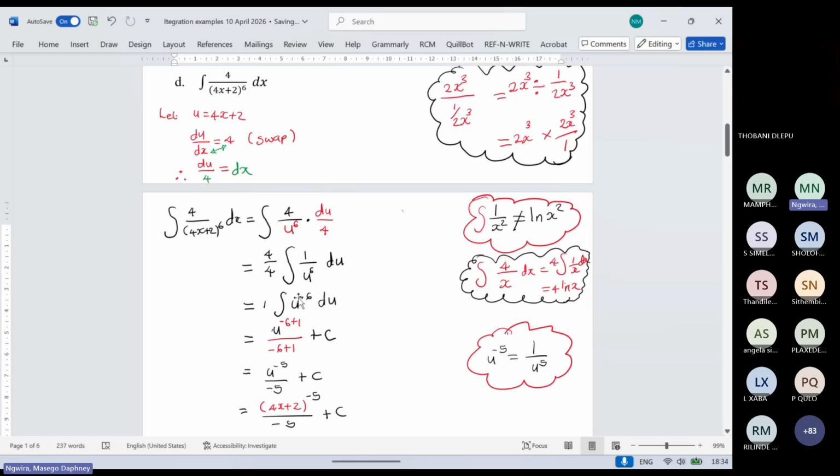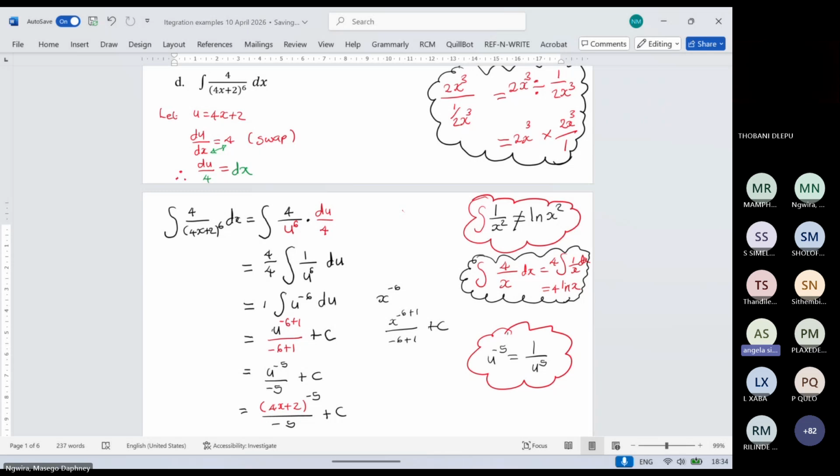This is the power rule because this is u to the power of -6 with respect to u. So this is the same as x to the power of -6. If I said to you integrate this, you're going to say this is x to the power of -6 plus 1, then over -6 plus 1, then plus c, right?